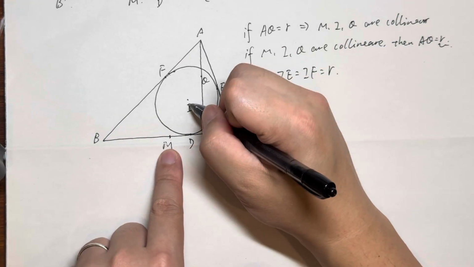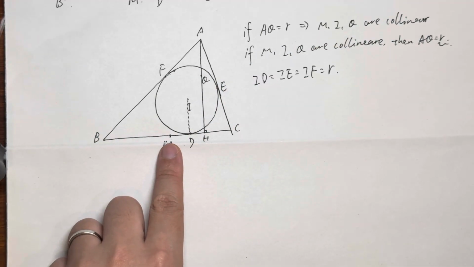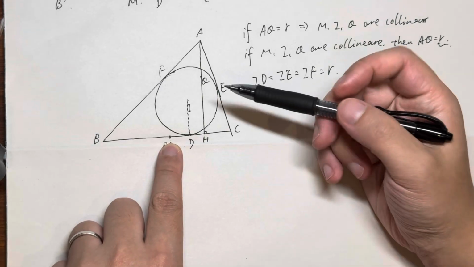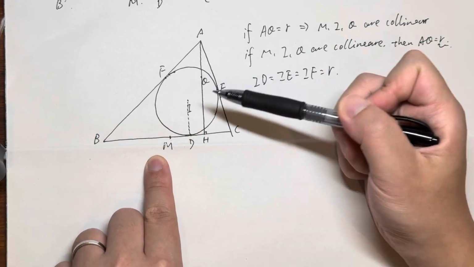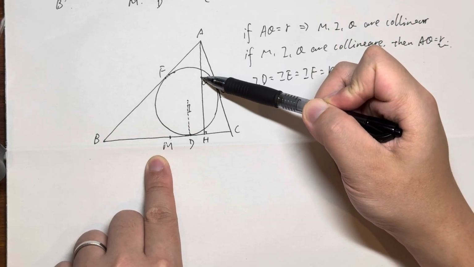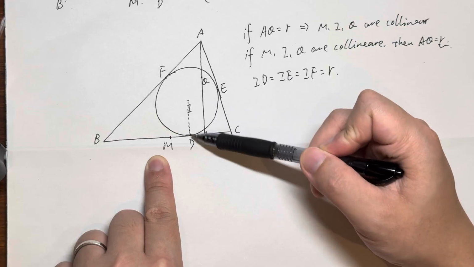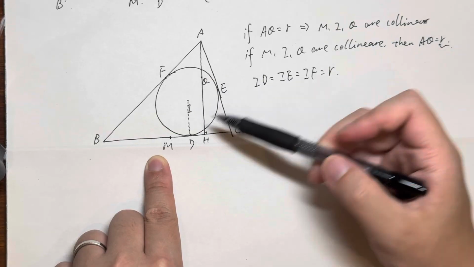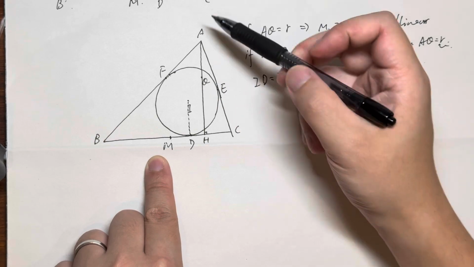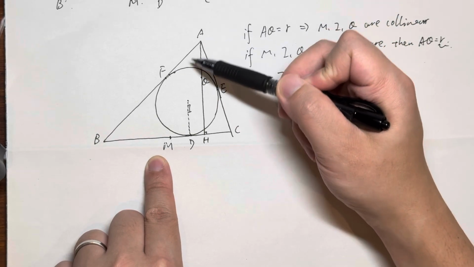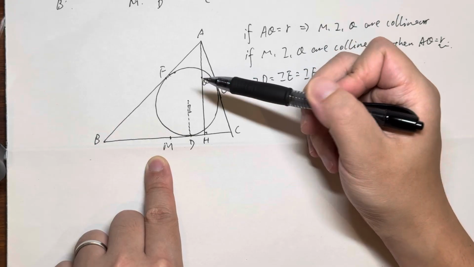So the first very straightforward thinking is that in the case that AQ equals R, which means AQ equals ID, we want to prove M, I, Q are collinear, and we already know that AIDQ is a parallelogram.